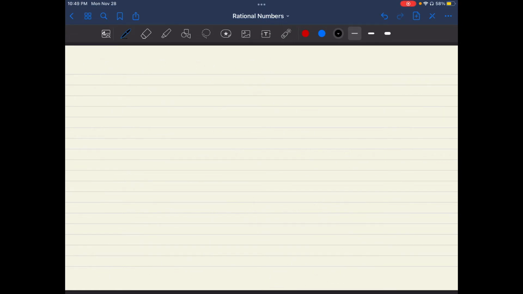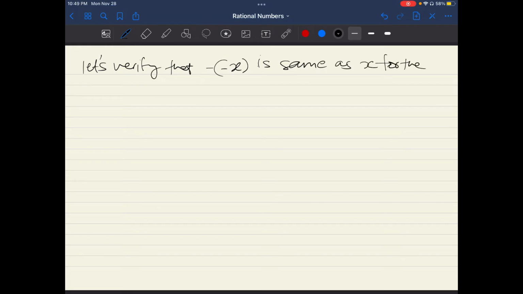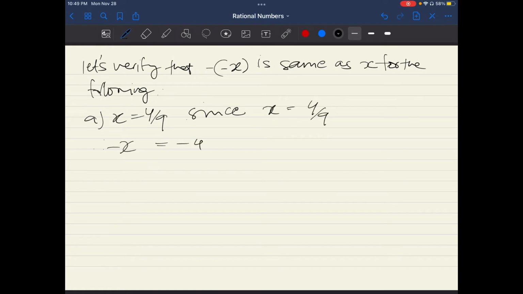Now let's verify that minus of minus x is same as x for the following. x equals 4 over 9. So since x equals 4 over 9, therefore minus x will be minus 4 over 9.